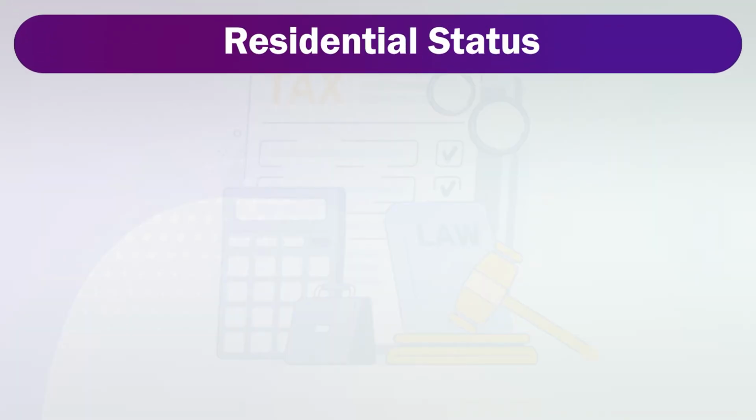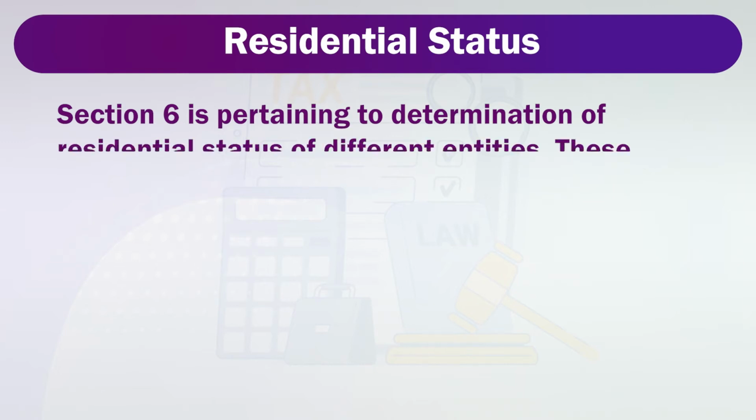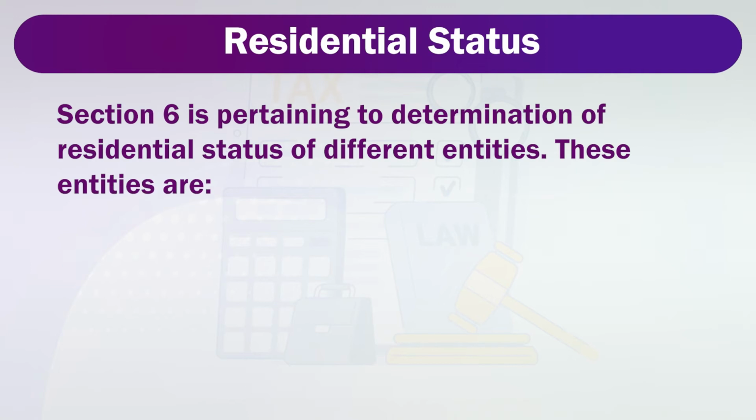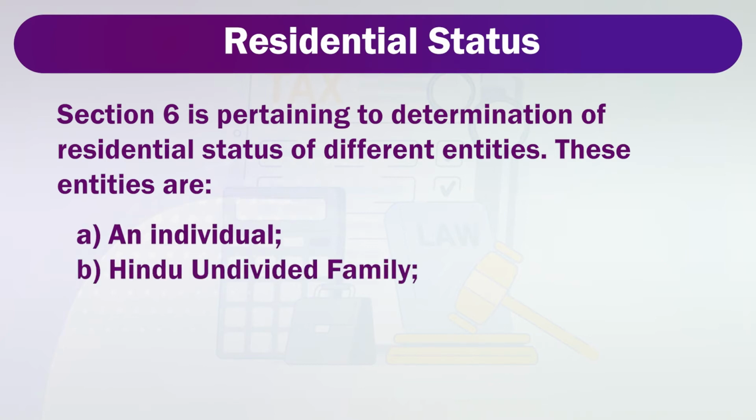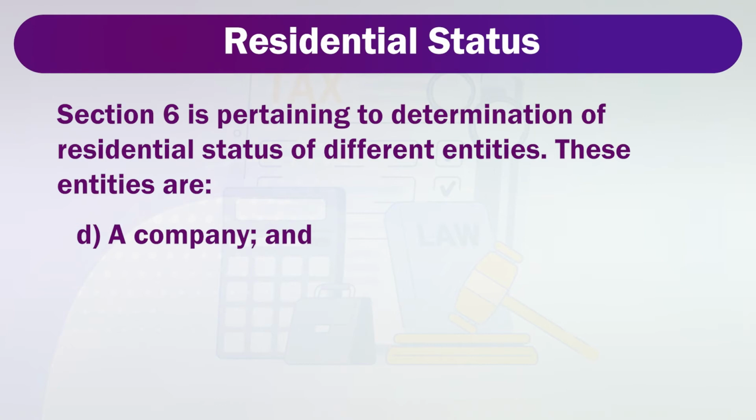Residential status. Section 6 is relating to determination of residential status of different entities. These entities are: number 1, an individual; number 2, Hindu undivided family; number 3, a firm or an association or a body of individuals; number 4, a company; and number 5, every other person.